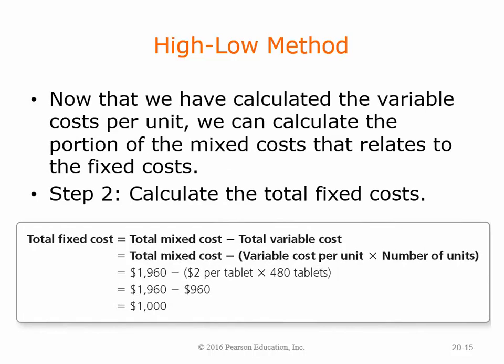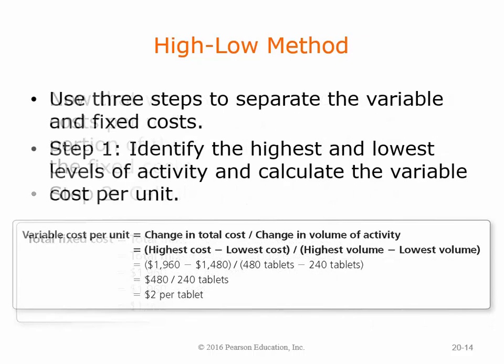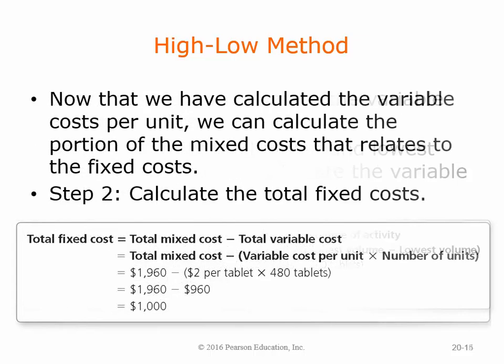What's important when you do this is, if we're going to use the high cost, the 1960, let me go back. Remember, our high was 1960 and our low was 1480. So if we're going to use our high cost, then we have to use the volume at the high cost. If we use our low cost, you have to use the volume at the low cost. You have to be consistent with what you're doing, okay?